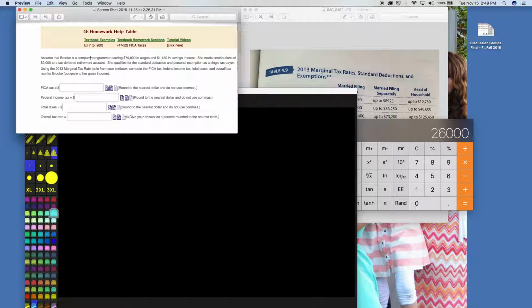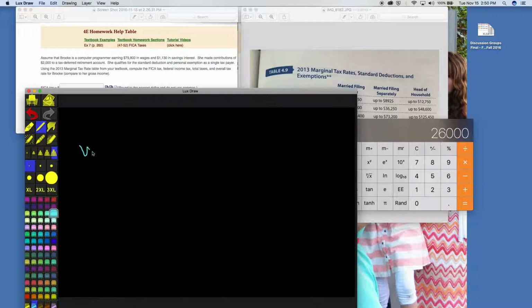Assume that Brooke is a computer programmer earning $79,800 in wages and $1,130 in savings interest. Okay, so her wages are $79,800.